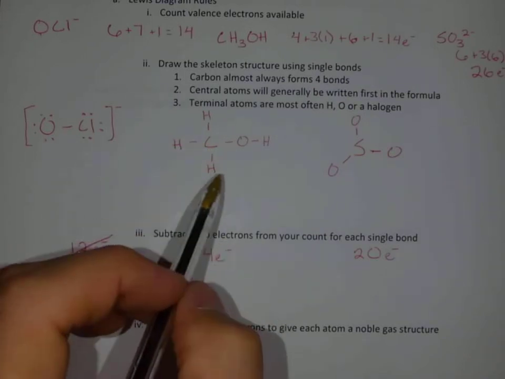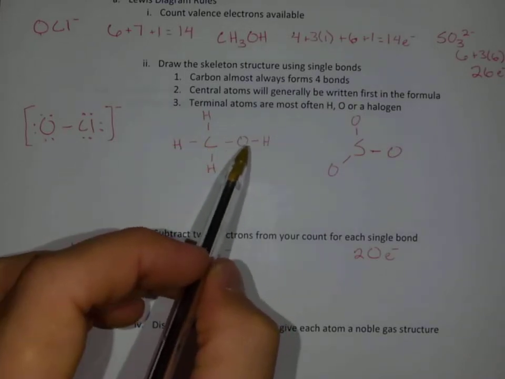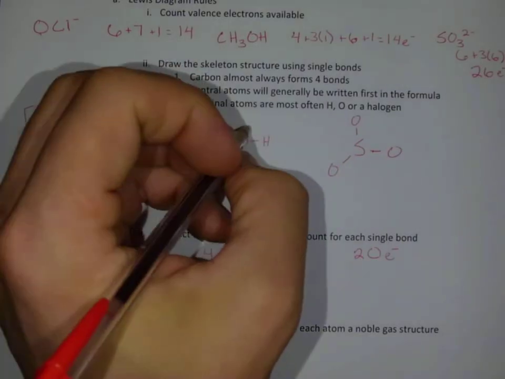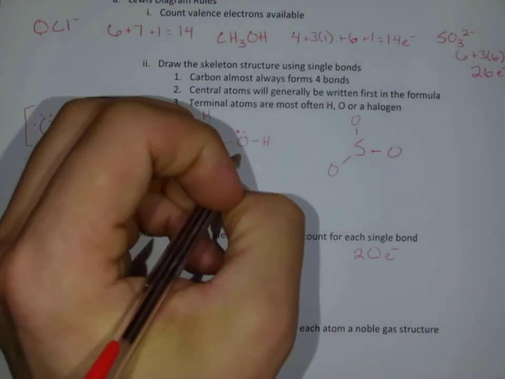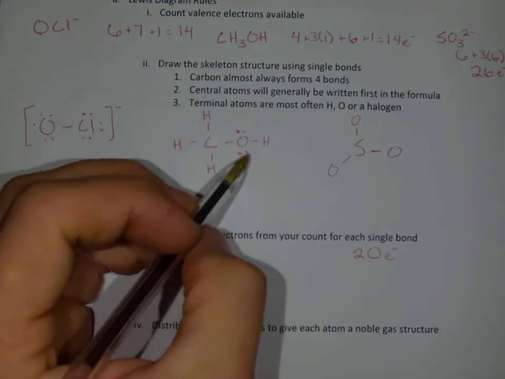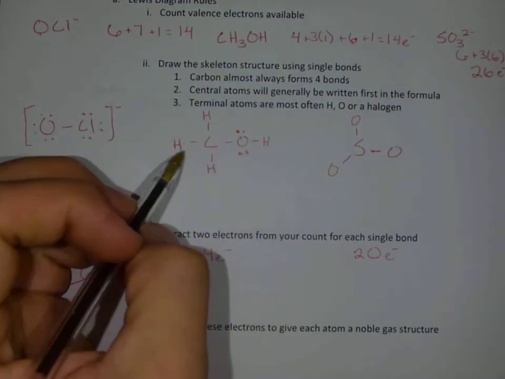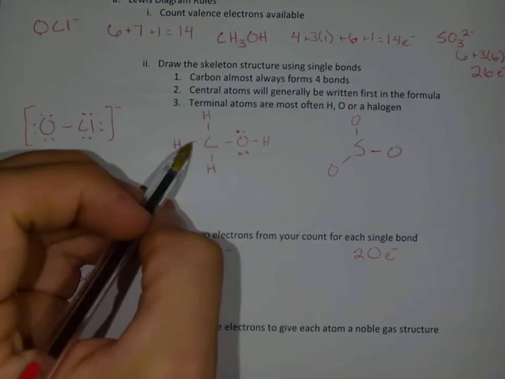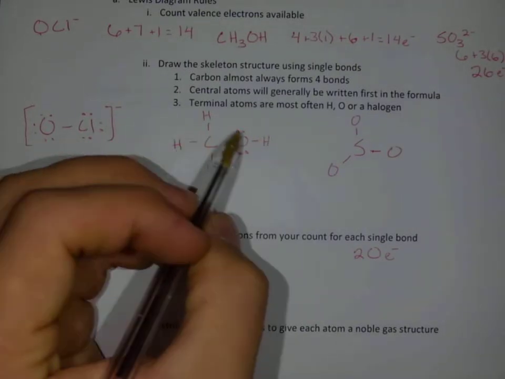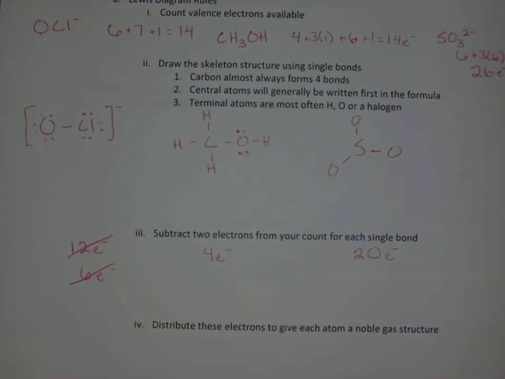Carbon is already happy. Oxygen is more electronegative, so I would want to give my oxygen its electrons. So I give it 2, 4, and it's sharing 4, so that has 8 electrons. Carbon has 8 electrons that it's sharing around it, 2, 4, 6, 8. And then each hydrogen has 2 electrons, which is all the electrons that hydrogen can get.